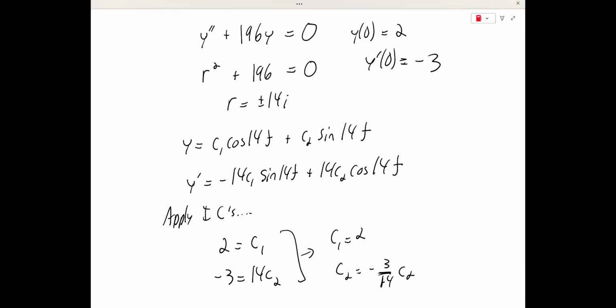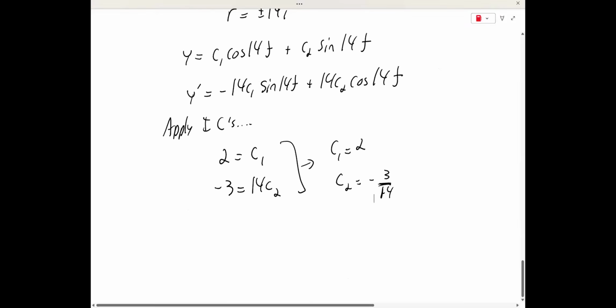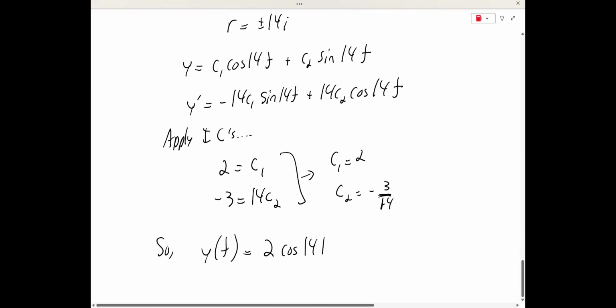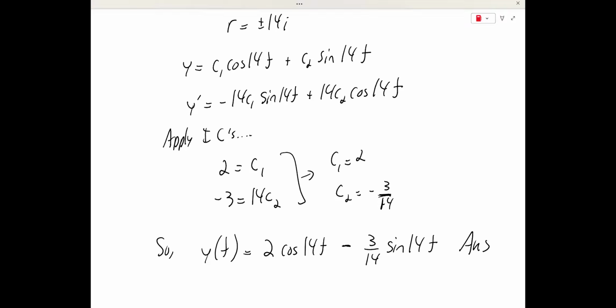So y of t would be equal to 2 cosine of 14t minus 3/14 sine of 14t. That'd be the displacement as a function of time. Okay, anything on that one?